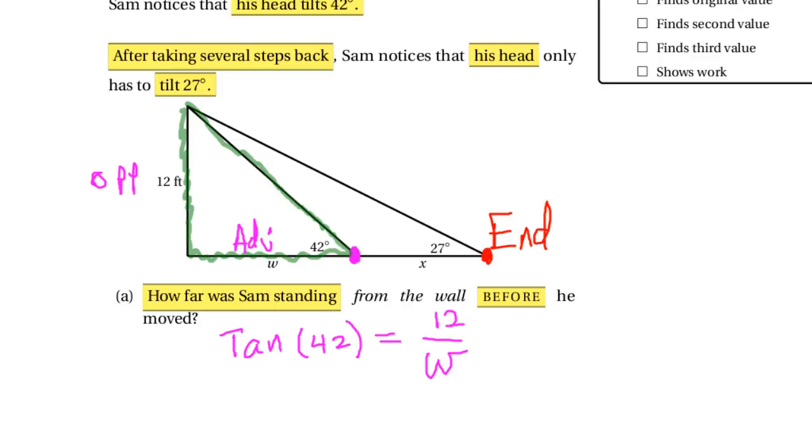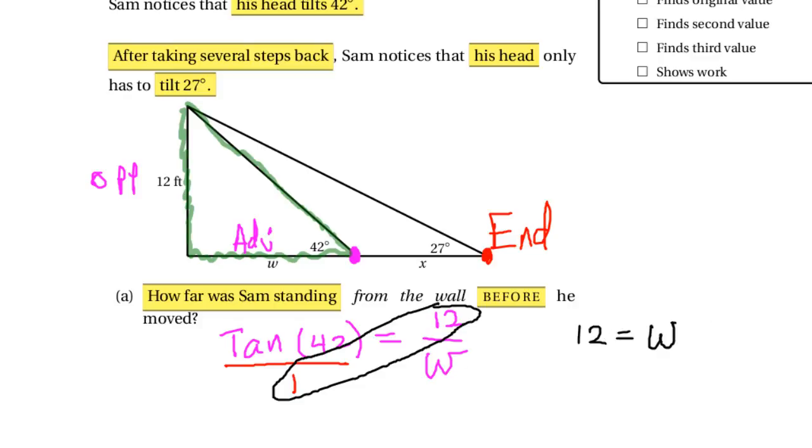So when I go to actually solve this, I'm going to put the tangent over 1, and when I cross multiply, I can see that it's going to be 1 times 12. Well, 1 times 12 is 12. And then W is going to get multiplied times tangent. Well, that's just going to be W times tangent 42.